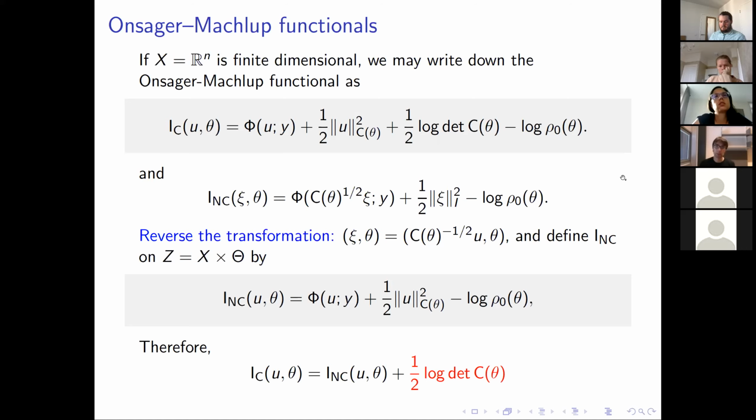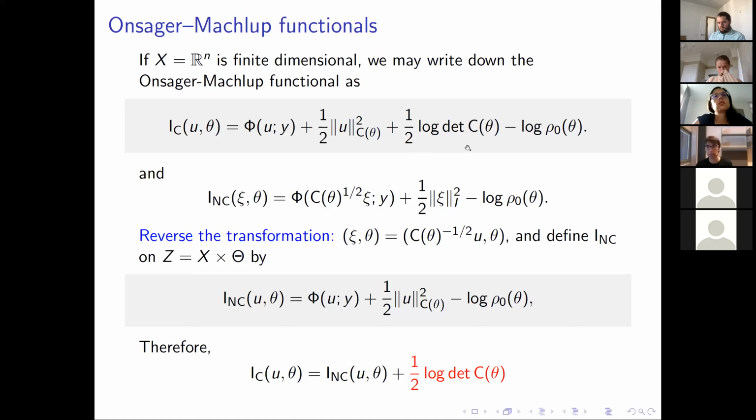Now if you make that transformation to this non-centered world, the same Onsager-Machlup functional is very similar, except you are missing the log determinant term. So the main question here is, does that affect anything at all? Throughout the rest of the talk I will carry both of these parameterizations, but the only difference is this one small term that is missing.